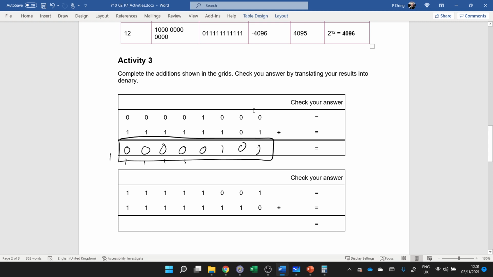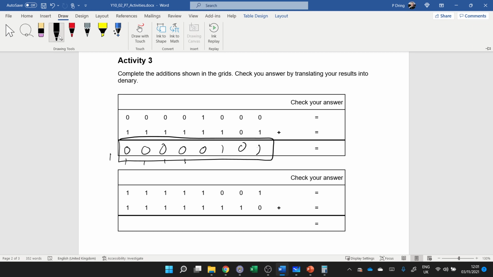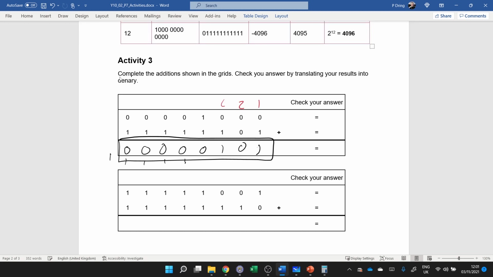Now we want to check our answer. So let's see. Can I do this in a different color and see if it works? So let's put the bit values on top. Okay, so this one is 8. This one is, well, if it was all ones, it would be -1. And then we add 2.